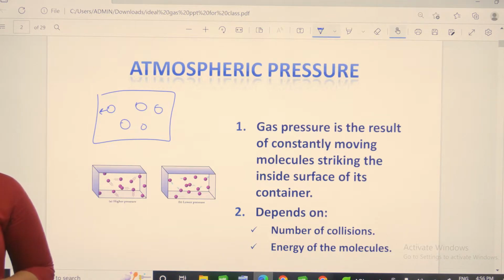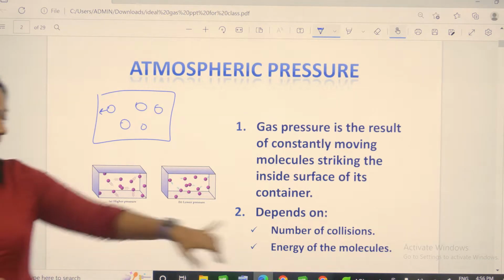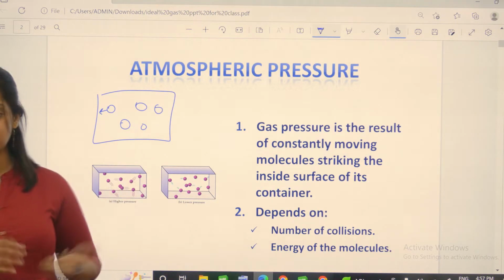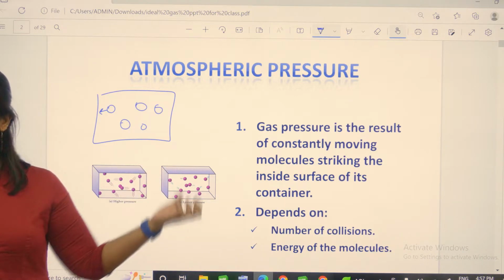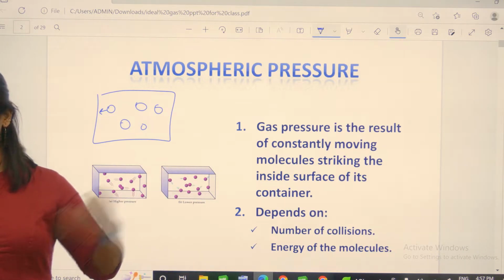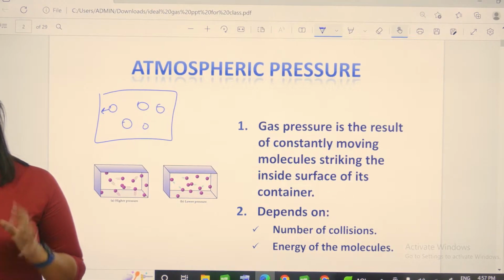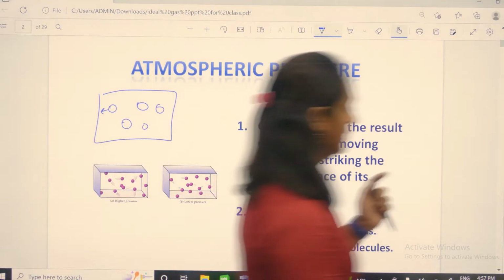At higher pressure, the number of collisions will be high. Energy of the molecules will also be high. At lower pressure, the number of collisions will be less as the particles are moving with less speed. Right? This is what is happening.